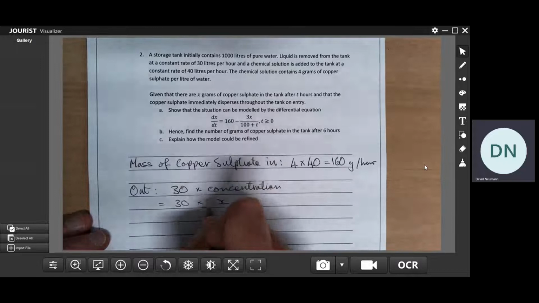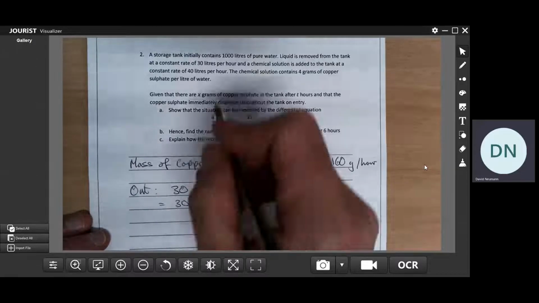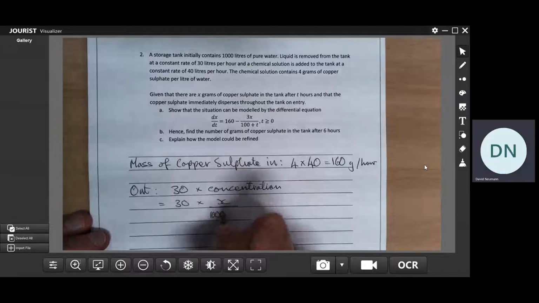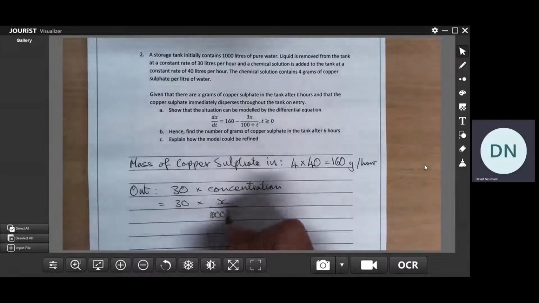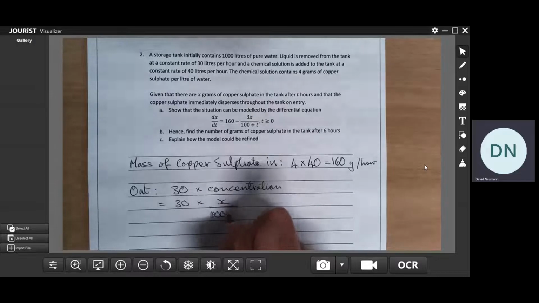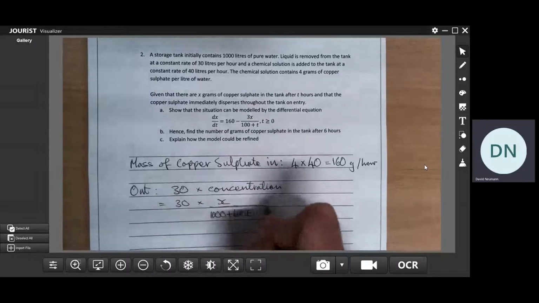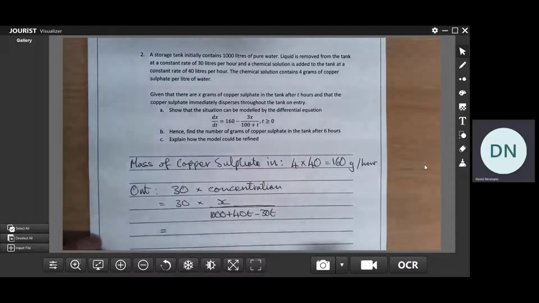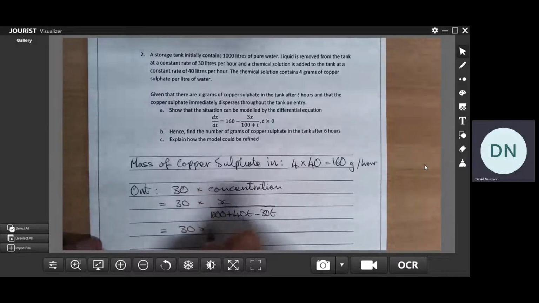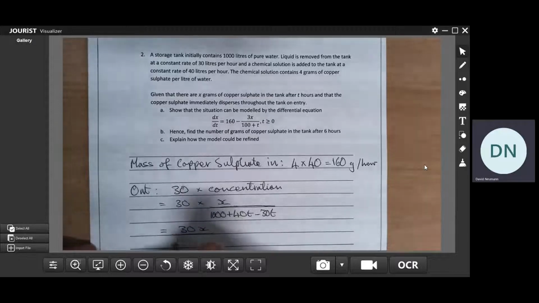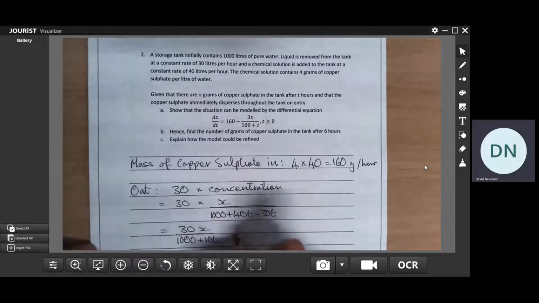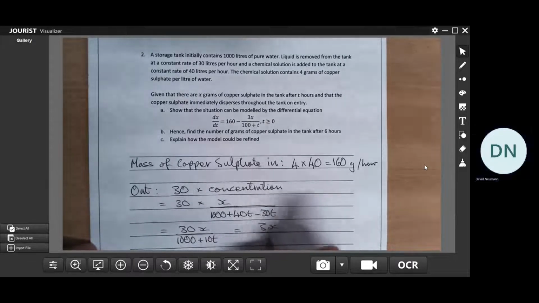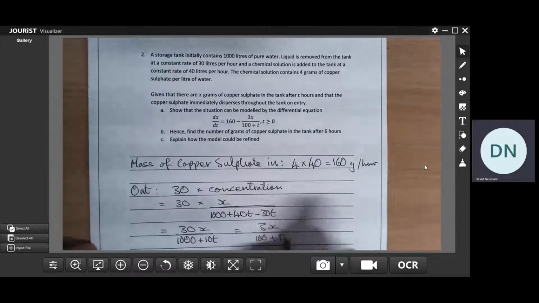So X over, what's the volume in the tank? Well, it starts off at 1,000. We're adding in 40 litres every hour, so plus 40t, and we're taking out 30 litres per hour, 30t. So that's equal to 30x over 1,000 plus 10t, which is 3x over 100 plus t.